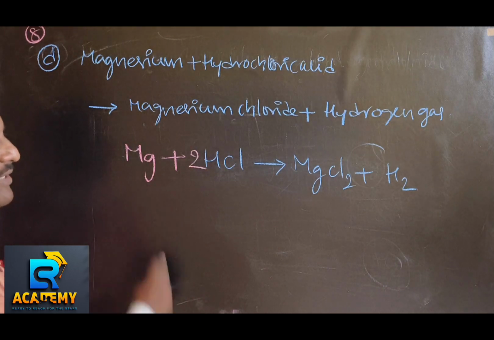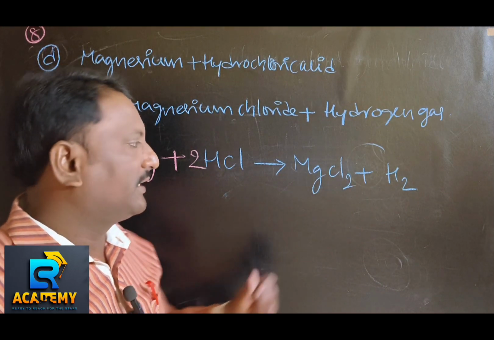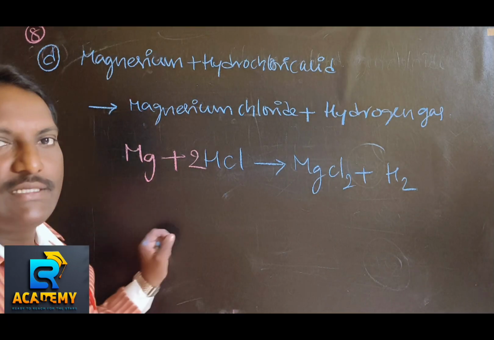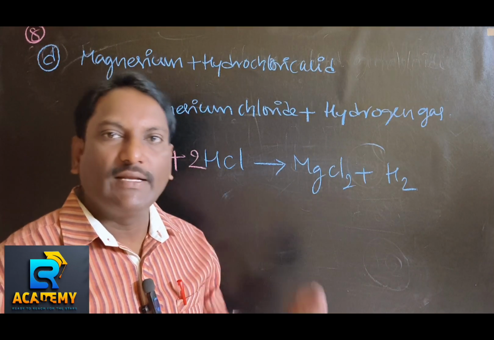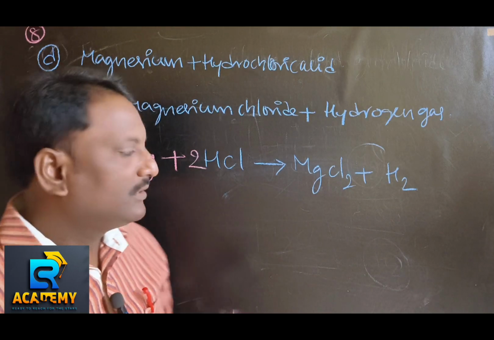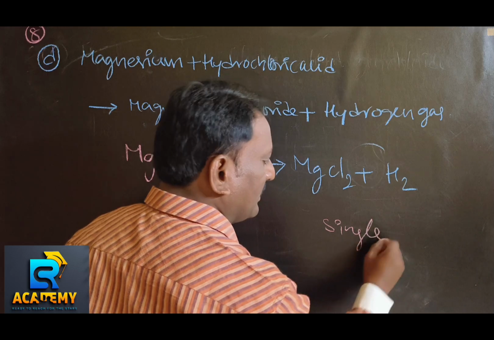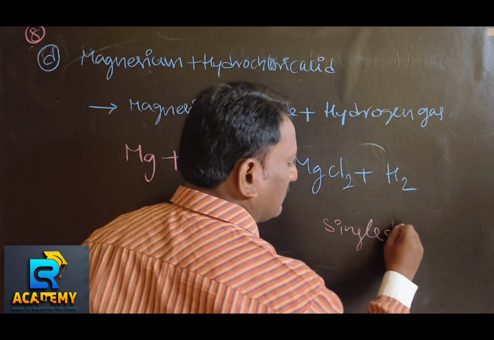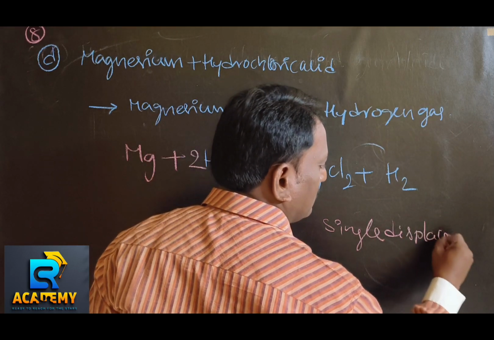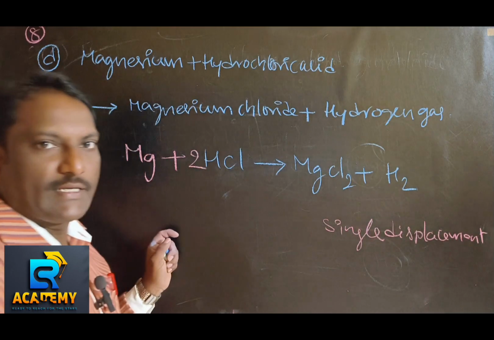Mg reacts with hydrochloric acid to give magnesium chloride and hydrogen gas. So what kind of reaction is it? Displacement reaction, also called single displacement reaction. Or simply you can call it displacement reaction.